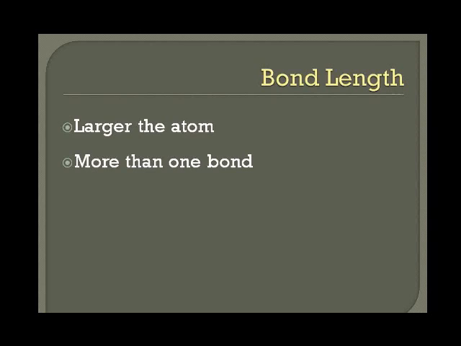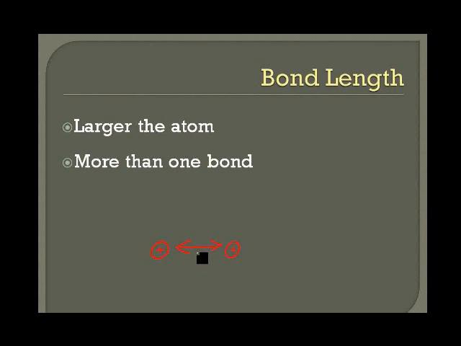When we talk about the length of the bonds, or how far the bonded atoms are from one another, the larger the atoms, the greater the bond length. Remember, those nuclei are positively charged, so if we've got a positively charged nucleus here and one here, there are going to be some repulsive forces.